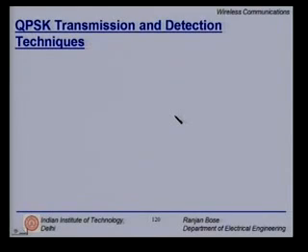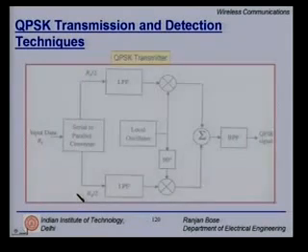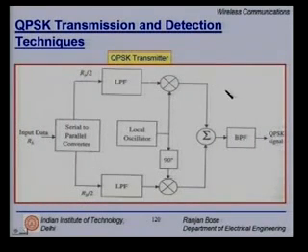Let us talk about QPSK transmission and detection techniques. First, the QPSK transmitter. You have an input data Rb. This is a string of bits, ones and zeros. You have to take 2 at a time, because the job of QPSK is to take 2 bits at a time and encode it.